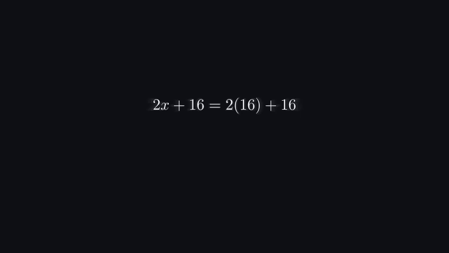2x plus 16 equals 2 times 16 plus 16, which equals 32 plus 16, which equals 48 degrees. 42 degrees plus 48 degrees equals 90 degrees.